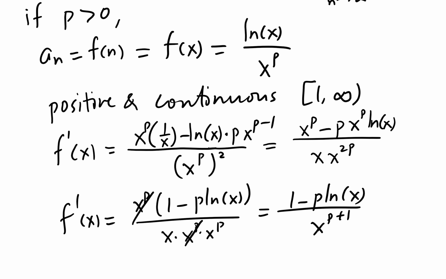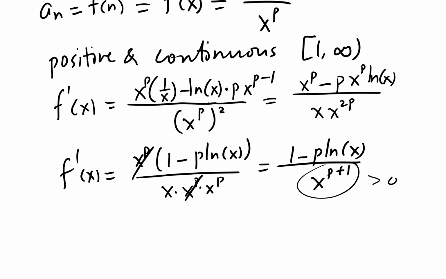Remember, p is positive. So what happened here? Well, the denominator is positive. I want to know when this is negative, right? To know when that is negative, I'm going to ask: when is this less than 0?